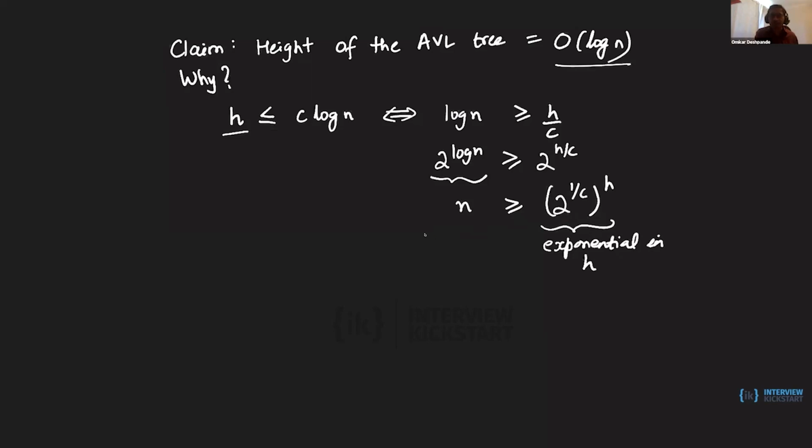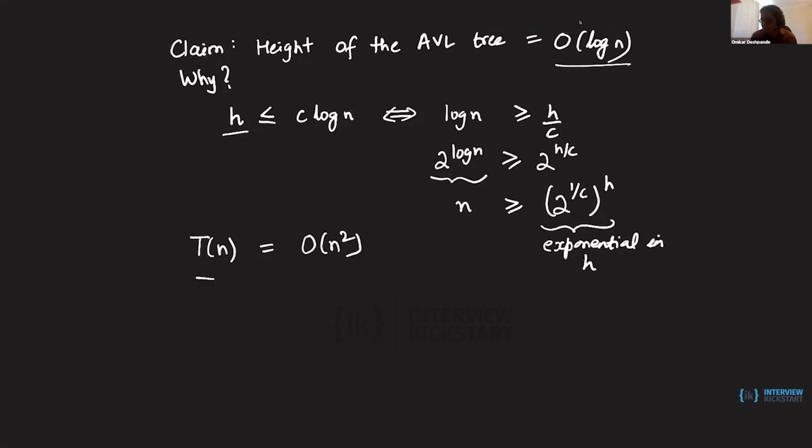Yeah, Jojan? Can you see in the equation you wrote there, what is c here? Height less than c log n. What is c? So when we use the big O notation, for example, when we say the running time is order n square, what does that mean?